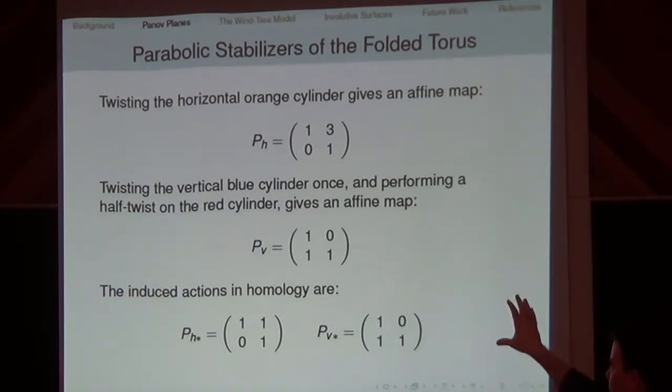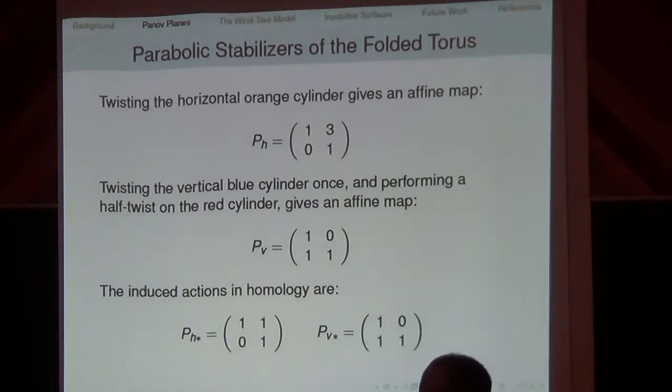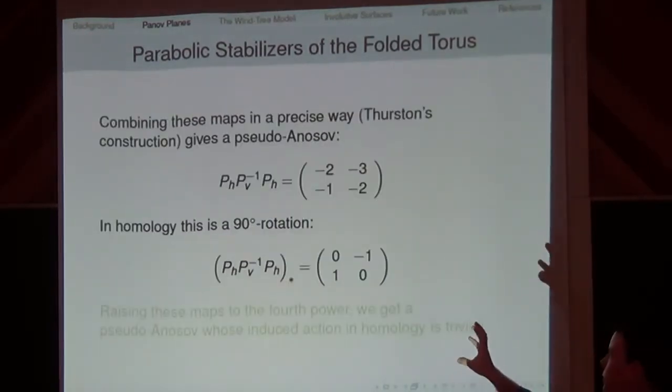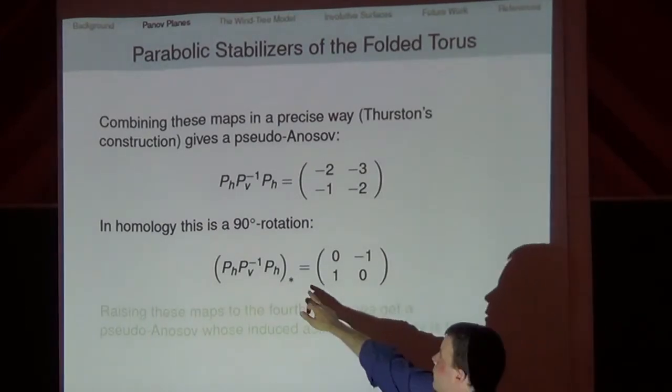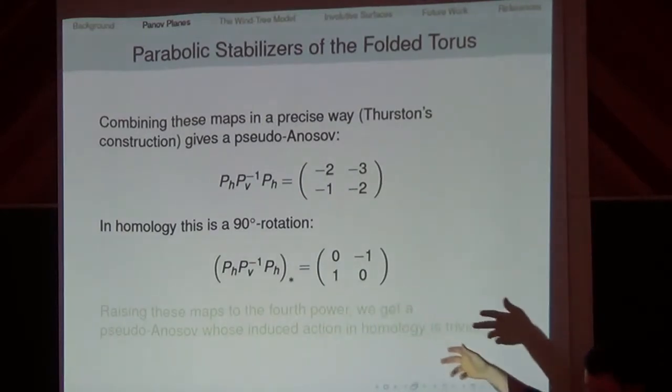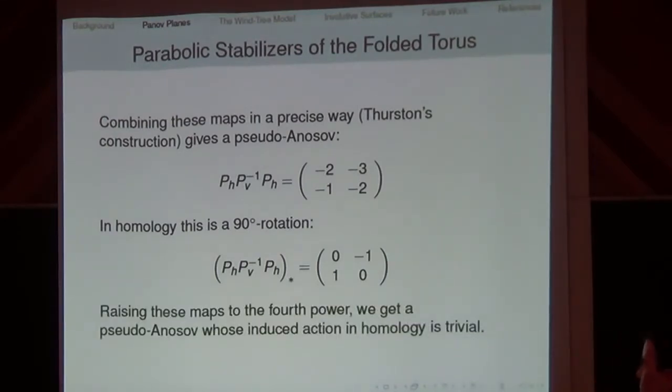What's important about these two particular maps is the way they act in homology. The reason that's important is that if you combine these maps in a certain way, you get a pseudo-Anosov whose action in homology is a 90-degree rotation. Okay? Since you have this 90-degree rotation in homology, if you raise this map to the fourth power, you have a pseudo-Anosov that's an element of the Torelli group that acts trivially in homology.